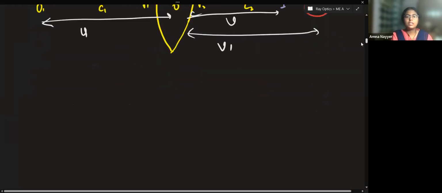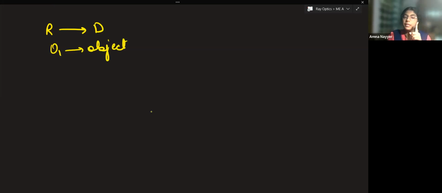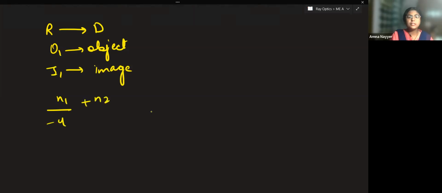See, if you talk about rarer to denser, from air the light rays are entering into the glass directly. So O1 is the object right now. And the first image that has been formed because the rays had entered from rarer to denser was I1. If you put it in the formula, you get minus N1 by U plus N2 by V1.